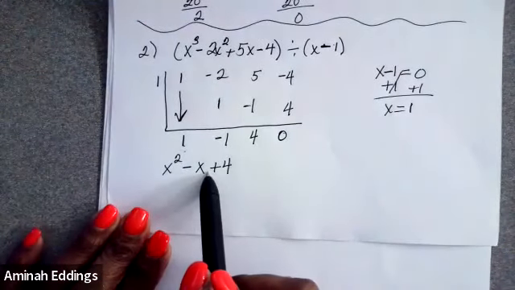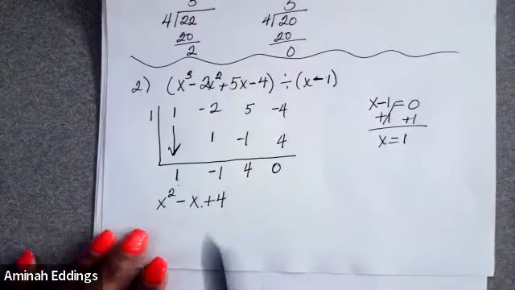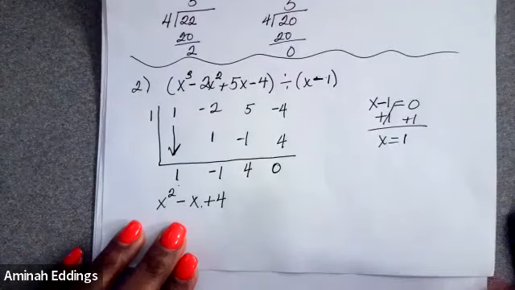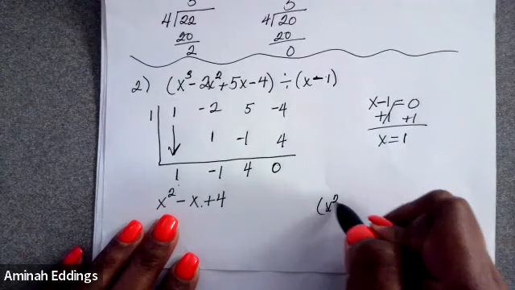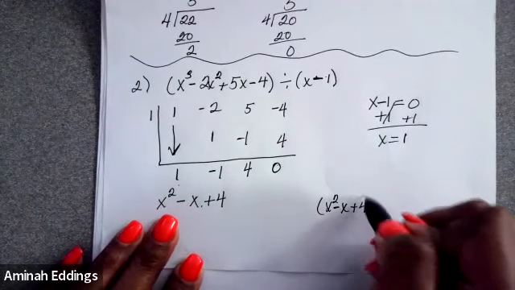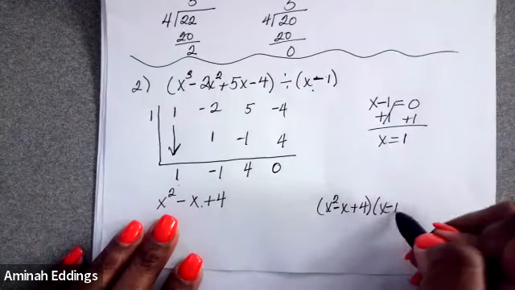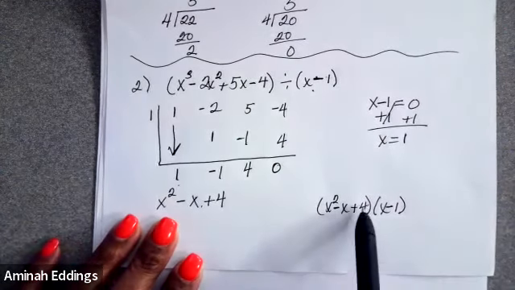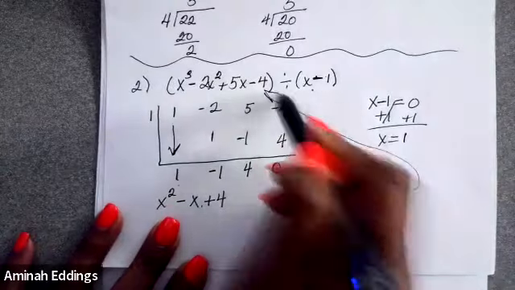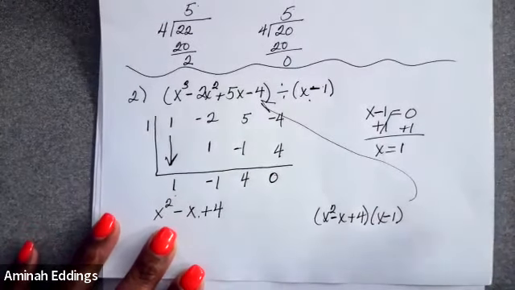If this is my answer, then x squared minus x plus 4 times x minus 1, if I multiply this together, I'm going to get that answer. That's what that means. Okay.